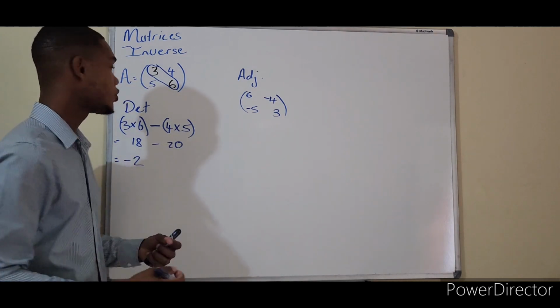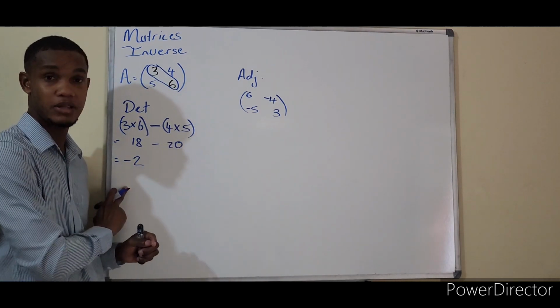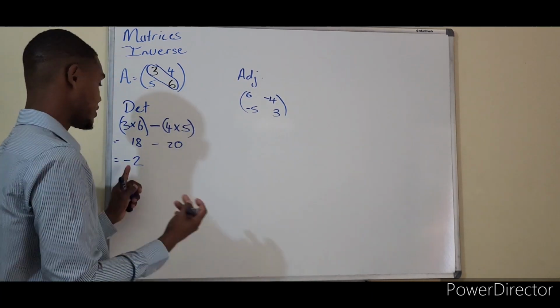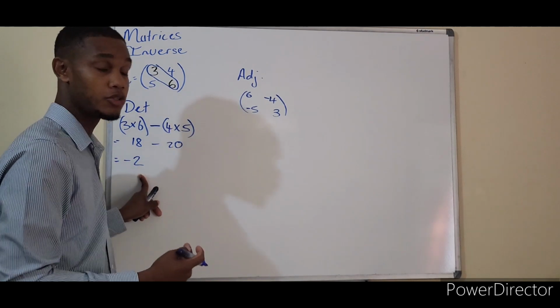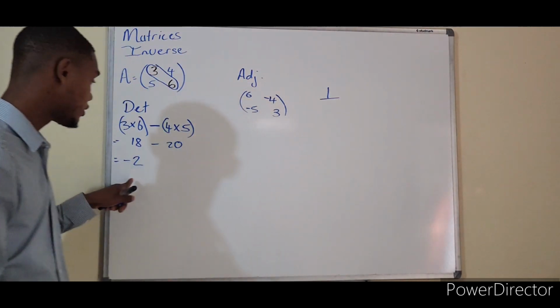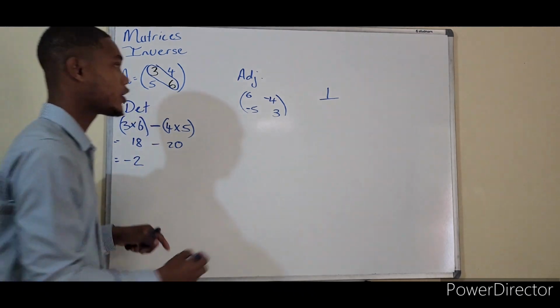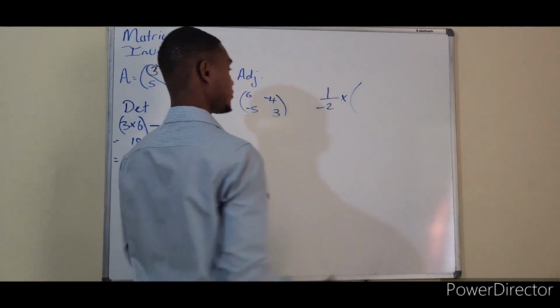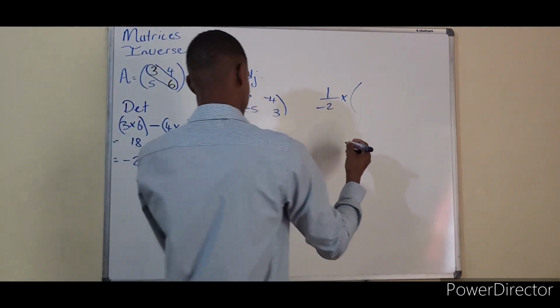Now to find that, all you need to do is, if the determinant was a fraction perhaps, you'll just flip it over. If it's a whole number, all you need to do is write 1 over whatever the determinant was. So it's negative 2 here, so you write 1 over negative 2 multiplied by what the adjoint is.